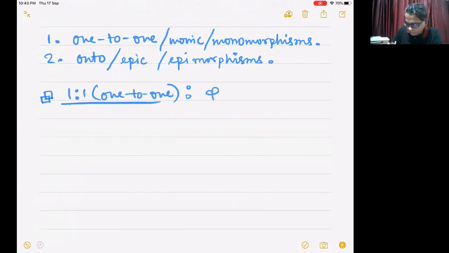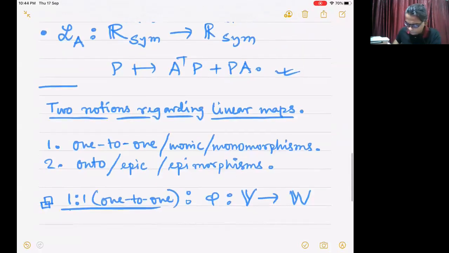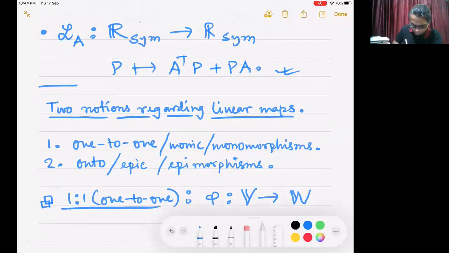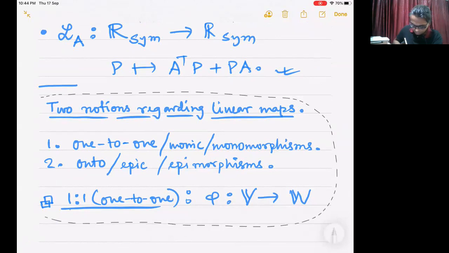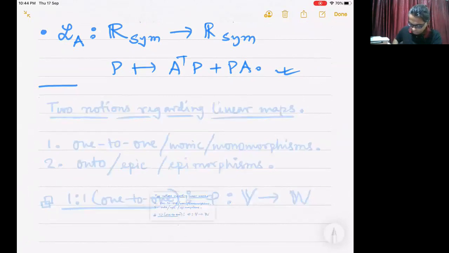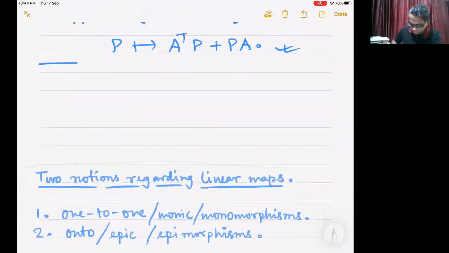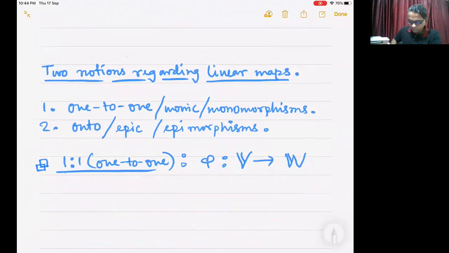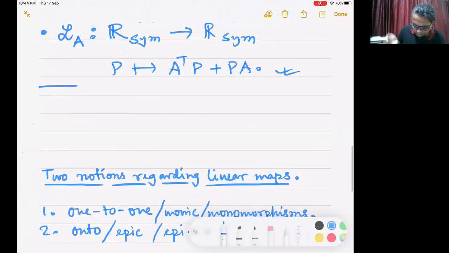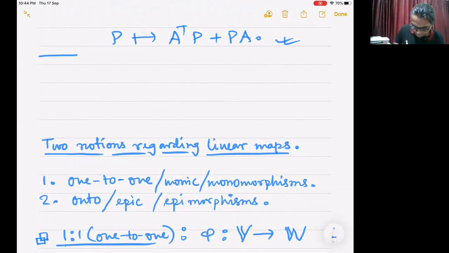So let's say phi is a linear map from a vector space V to W. By the way, before we come to this, let me mention this particular fact: when a linear map phi, a linear transformation, is from V to itself, so W is the same as V, so it takes vectors from V and maps them to vectors in V, then this phi is often called a linear operator.